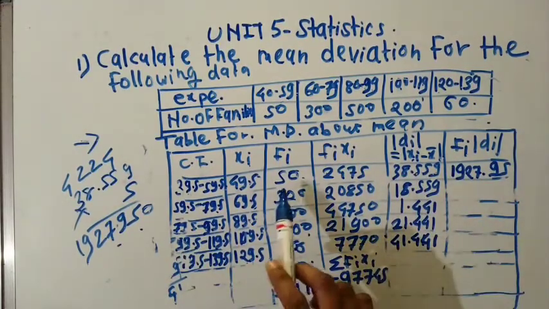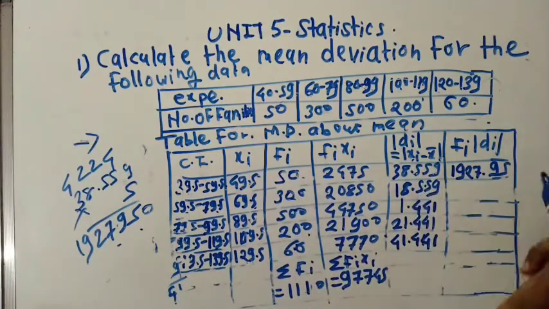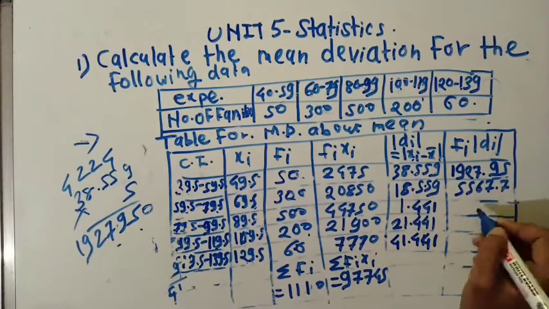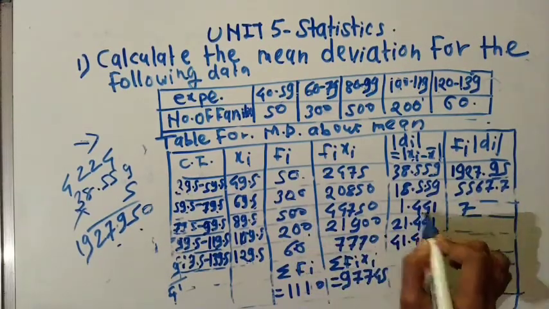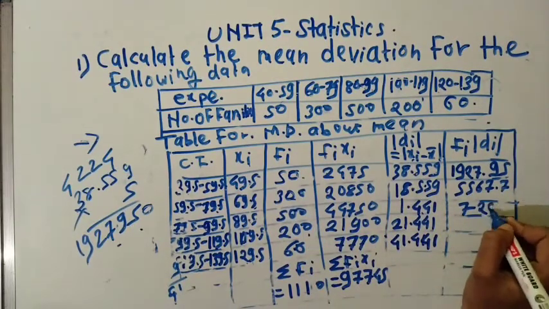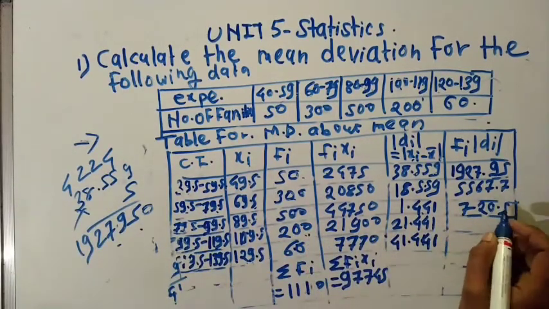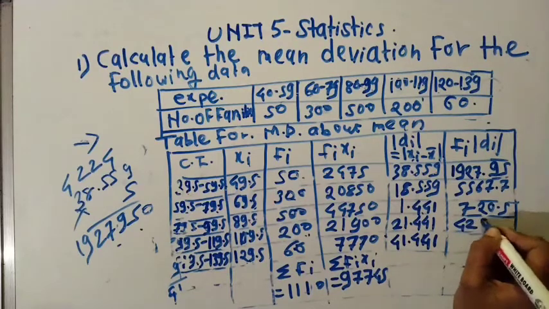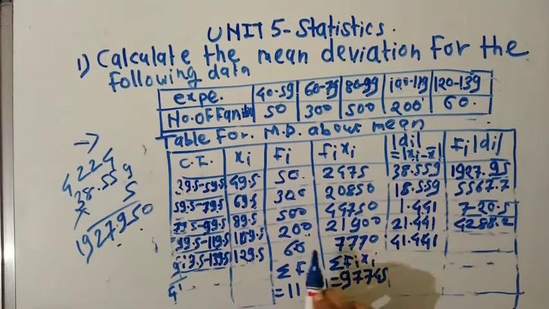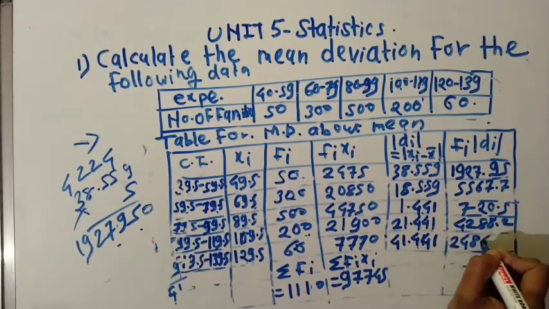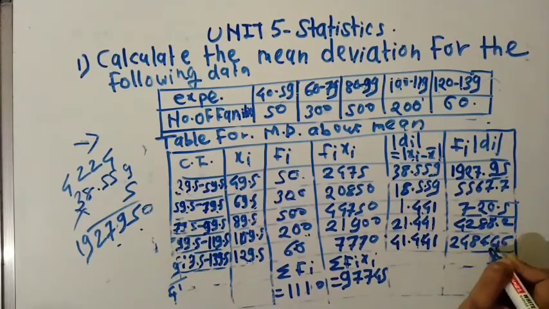Similarly, find out this into this, so 500 into this, this into this is 720.5, then this into this is 4288.2, then this into this is 2486.46.